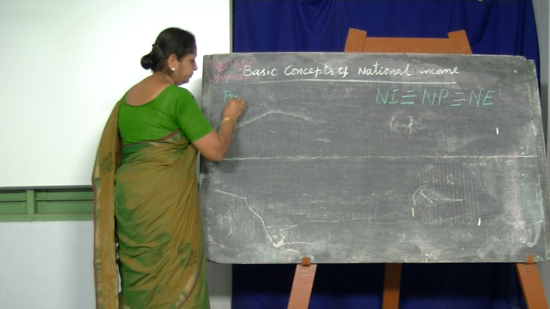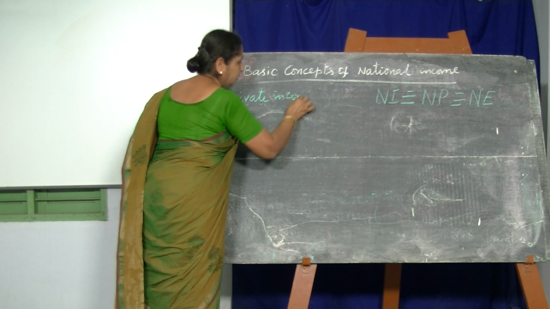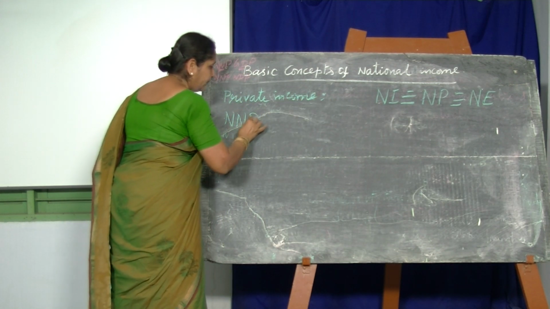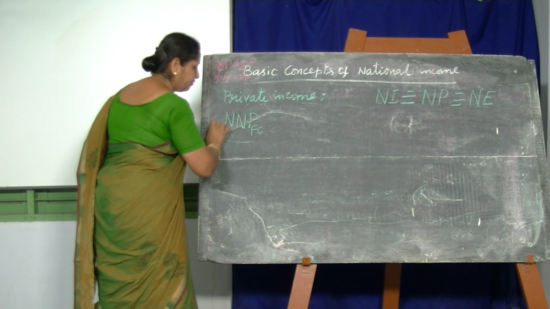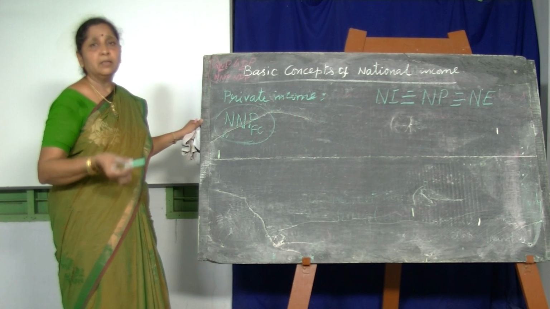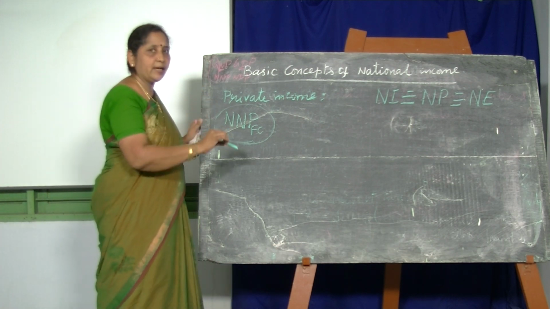Okay, the next one is private income. Private income is equal to NNP at factor cost. And one thing I forgot to tell you: though we say GDP, GNP, NNP, NDP and all, what exactly is the national income?